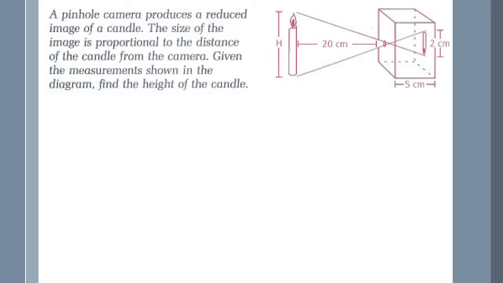So what we can do with this is realize that we have a relationship of the distances, the short distance over the long distance, is going to be relative to the heights, so the small height over the actual height.